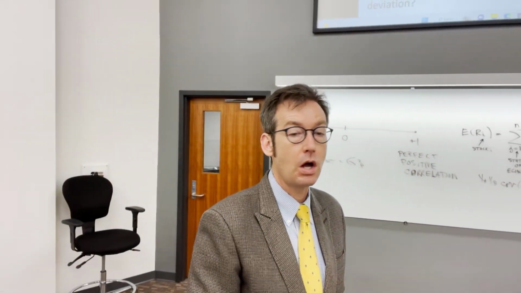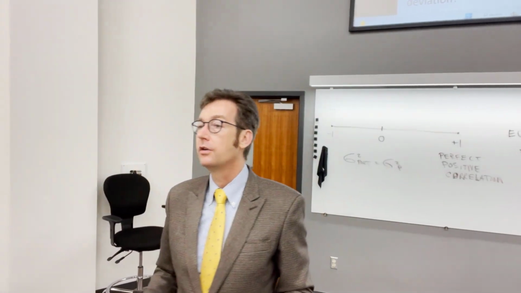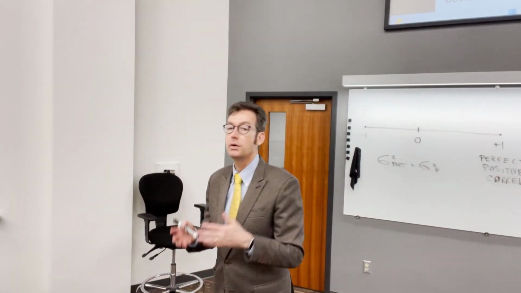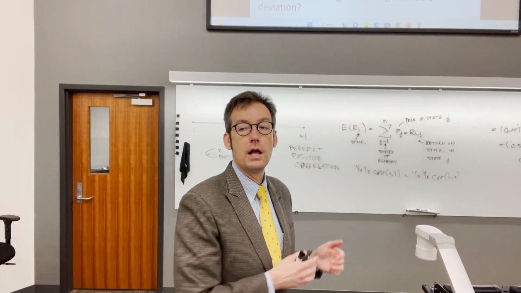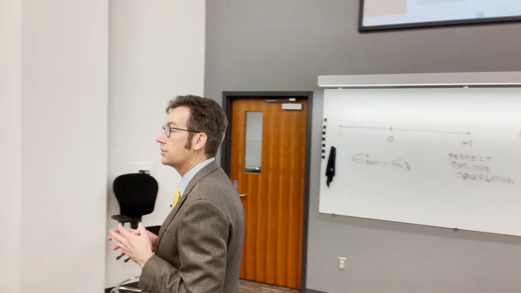Remember that the expected return on the portfolio is just what we would call a weighted average. That's all that is. So the return on a portfolio is the weighted average of the individual returns. But the standard deviation, we're going to see, is not the weighted average of the individual standard deviations. So here we go.